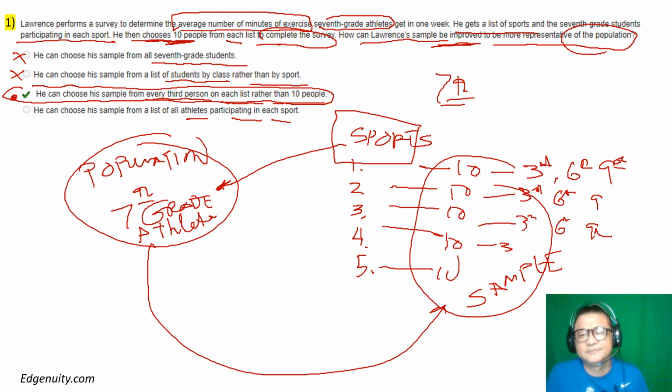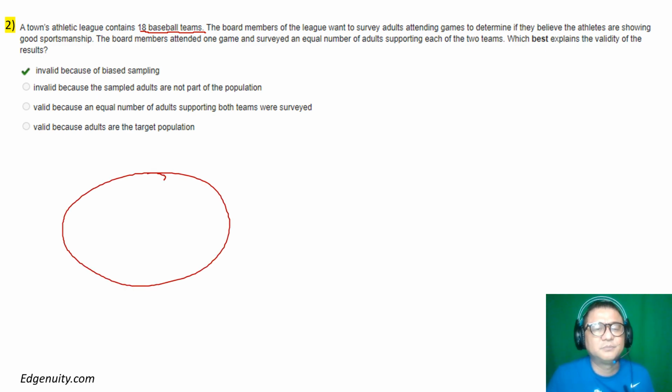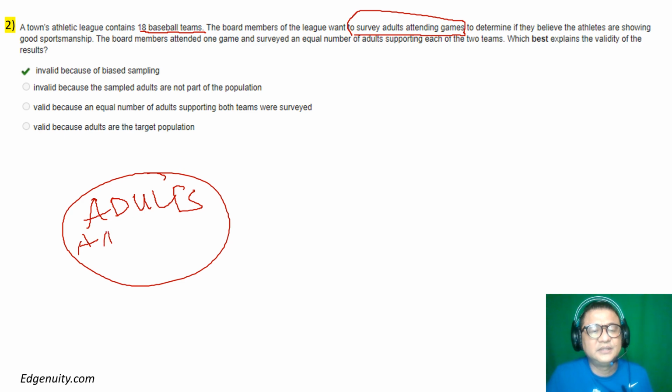Got it? Next. A town's athletic league contains 18 baseball teams. The board members of the league want to survey the adults attending the games of the 18 baseball teams.